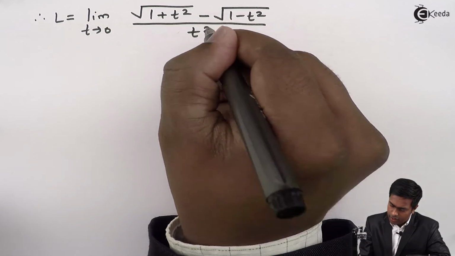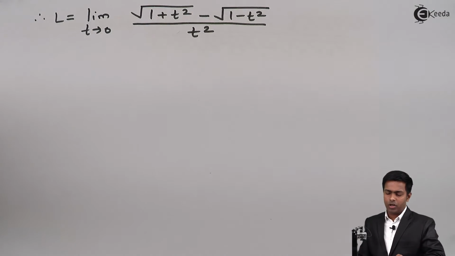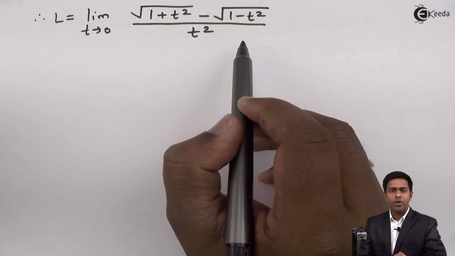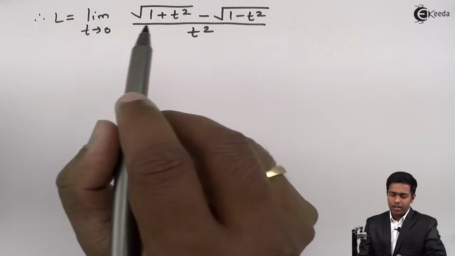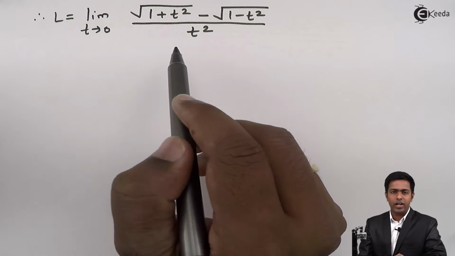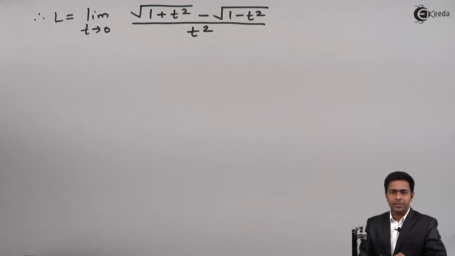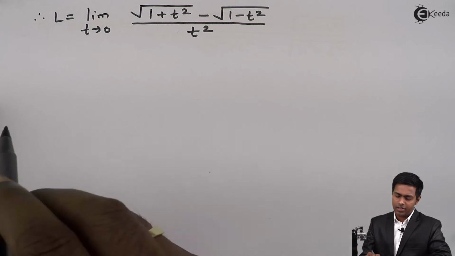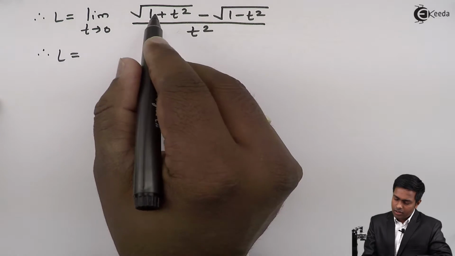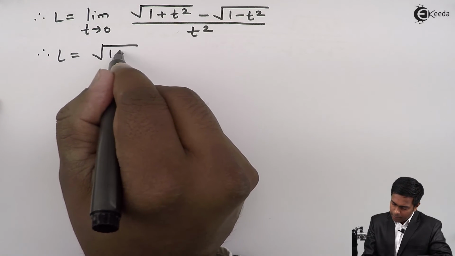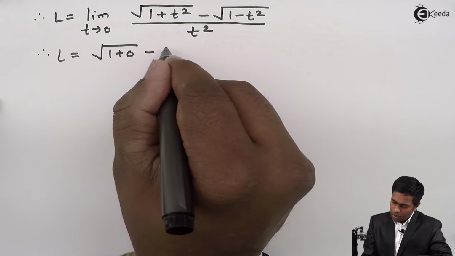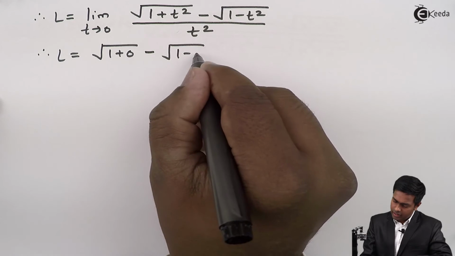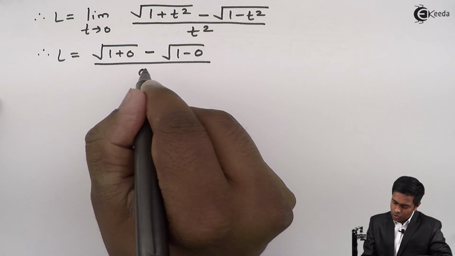upon t square. Now if you observe the function, here we have an algebraic function where t tends to 0, and whenever we have an algebraic function we apply the direct method, and if by direct method we get 0 upon 0 or an indeterminate form, then we look for some other method to evaluate the limit. So first of all I will start with the direct method. By direct method, we get square root of 1 plus 0 square, that is 0, minus square root of 1 minus 0 square, that is again 0, and 0 square is again 0.